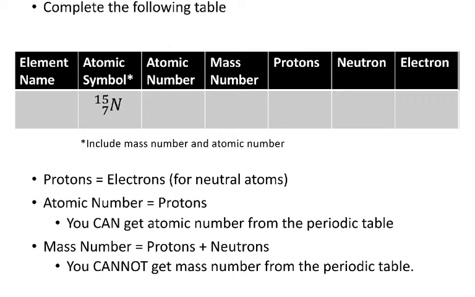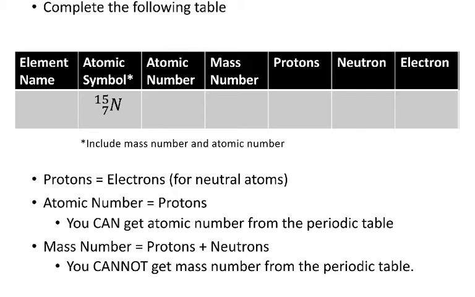All right. Now, sometimes when we write atomic symbols, we like to write the atomic number and the mass number in them. So if we write an atomic symbol including those, we write the mass number to the upper left of the atomic symbol, and we write the atomic number to the lower left of the atomic symbol.